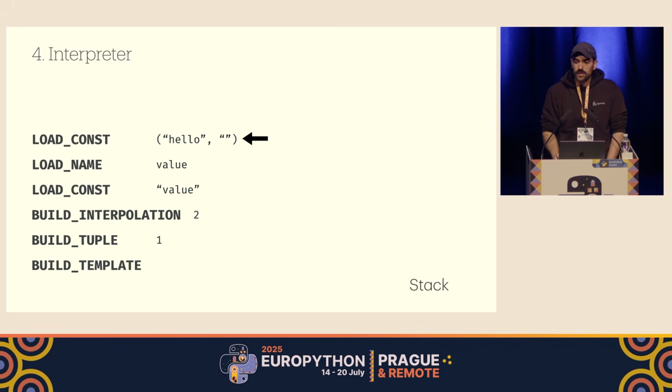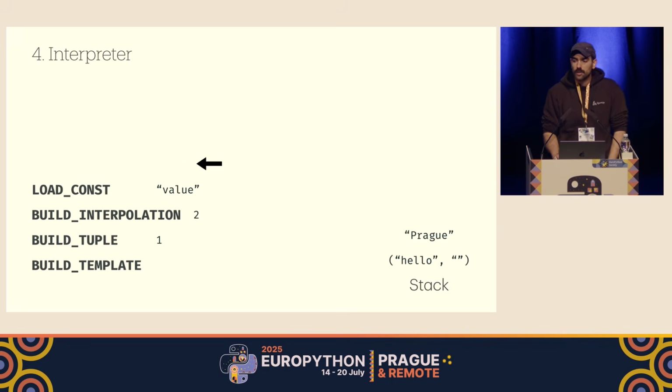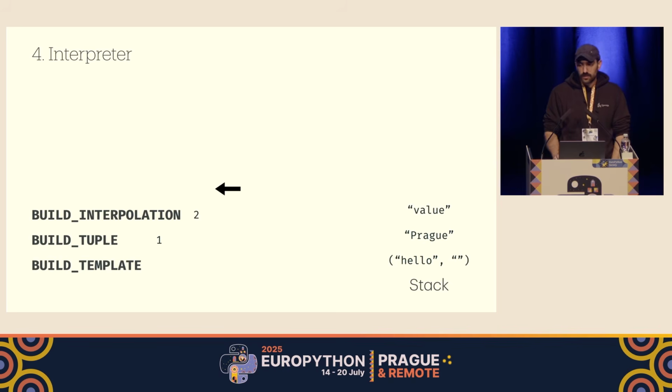So the first thing it does is it loads a const onto the stack, so that item goes onto the stack. Next thing is it loads a name onto the stack, so it goes and checks what the value of that variable is and loads that onto the stack. The next thing is it loads a constant onto the stack, the string containing the string value.